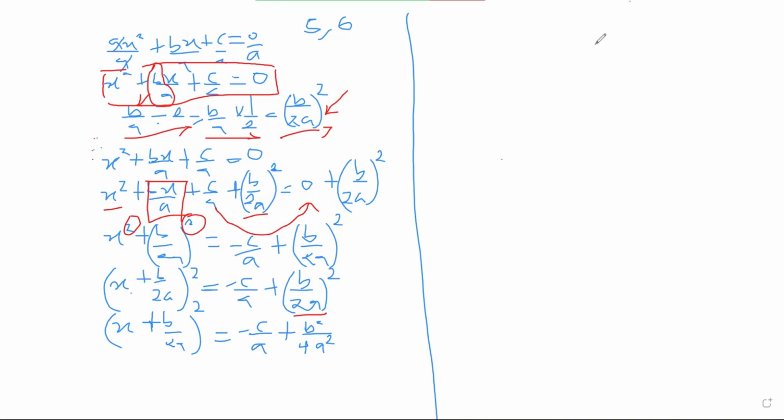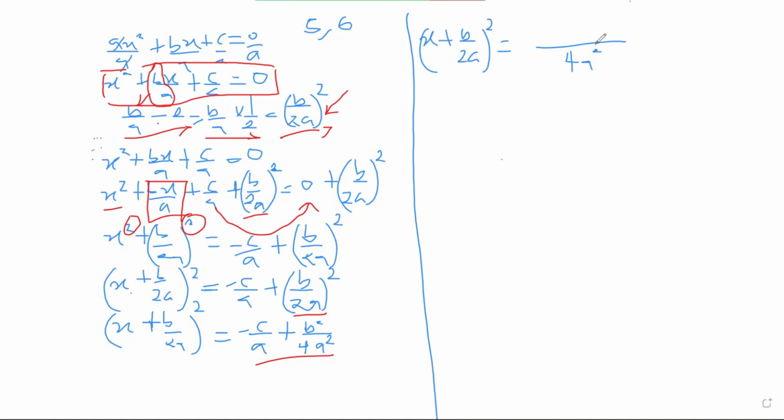Looking at our right hand side, let's still continue with the right hand side. We can simplify this by finding the LCM of a and 4a squared. So on our left hand side, we are still going to have x plus b over 2a, everything all squared, equals what? Yes, let's take the LCM. The LCM of 4a squared and a is going to be 4a squared.